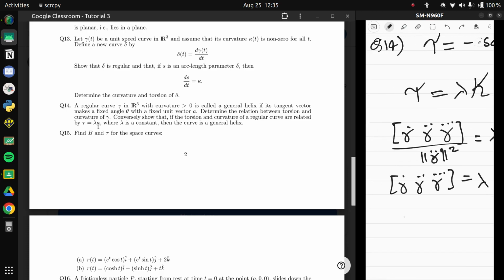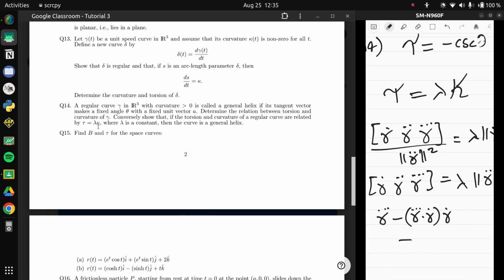Basically it's just finding a projection, isn't that right? So that minus the projection, it's gamma double dot dotted with gamma dot, and then gamma dot upon the magnitude of gamma dot squared, which is 1, minus triple dot dot gamma double dot over magnitude squared.